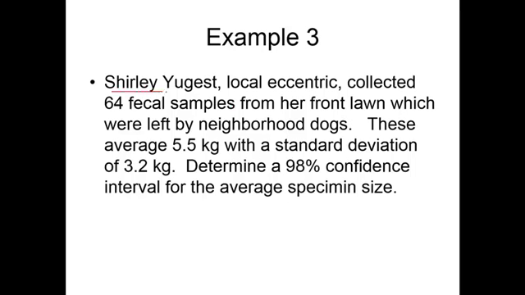Example 3. Shirley U. Jest, local eccentric, collected 64 fecal samples from her front lawn which were left by neighborhood dogs. These average 5.5 kilograms with a standard deviation of 3.2 kilograms. And by the way, this is hilarious if you know the metric system. Determine a 98% confidence interval for the average specimen size.